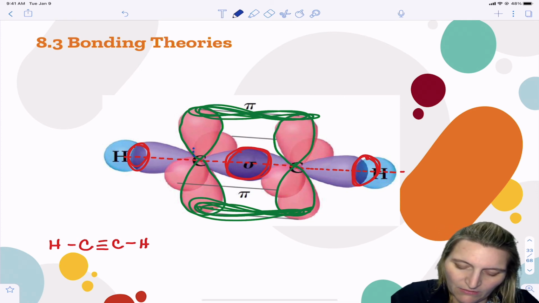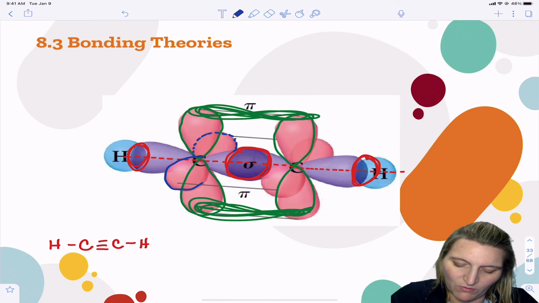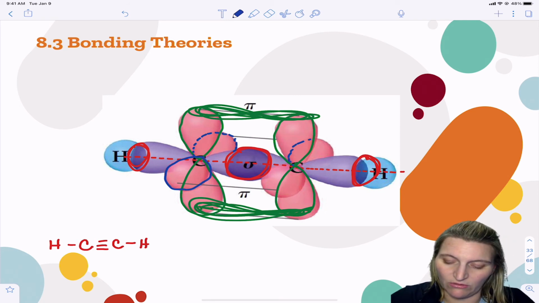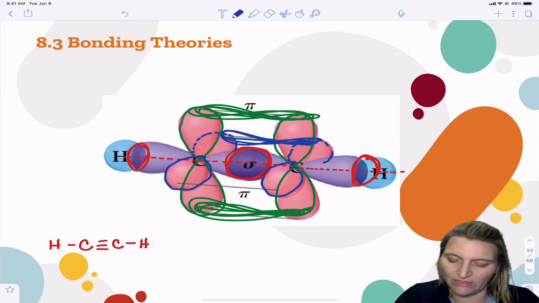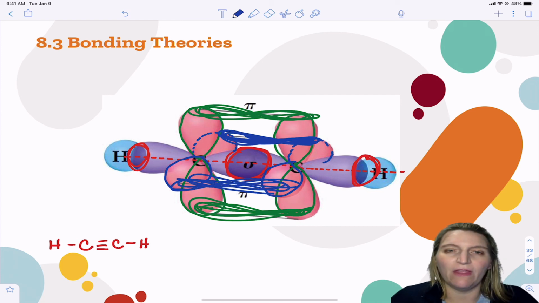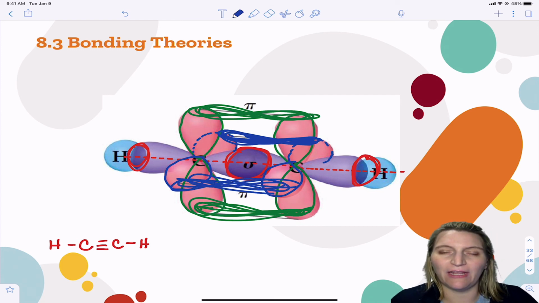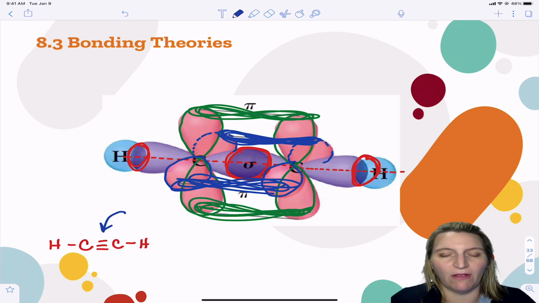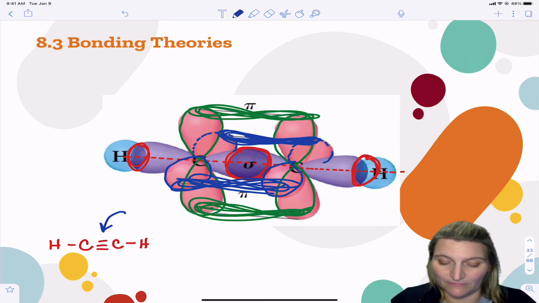It's harder to see because it's the one that goes into the paper, and this guy would be coming out of the plane of the paper, right? So this guy goes into it and he comes out, but the orbital overlap would still occur behind and in front of that. The green bond and the blue bond is what makes up the other two bonds of the triple bond between carbon and carbon in ethine.